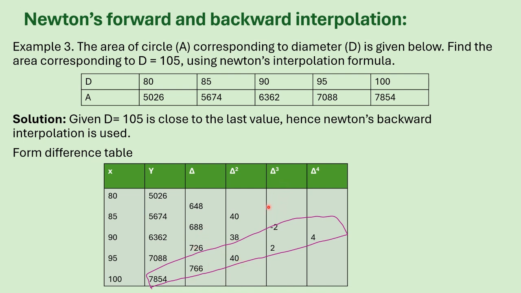Now delta cube, the difference of these two is this, and the difference of these two is this. And delta 4, the difference of these two is 4. Since it is Newton's backward interpolation, we will be using only these last values. Now let's substitute this in the equation.